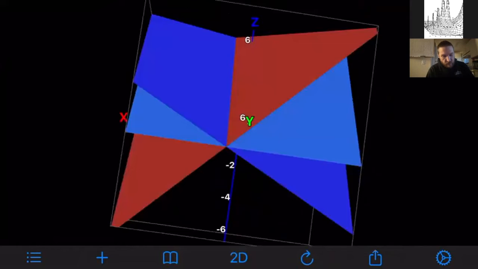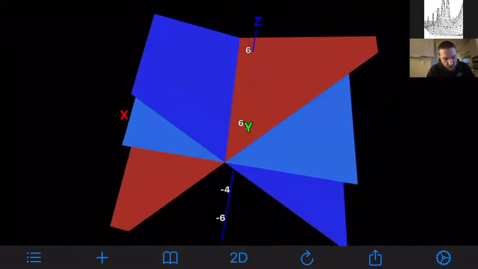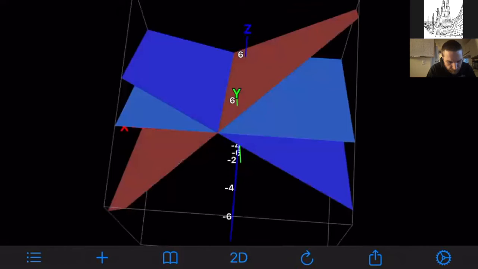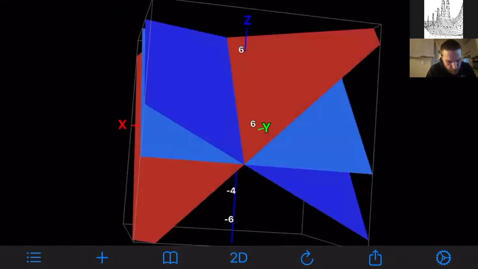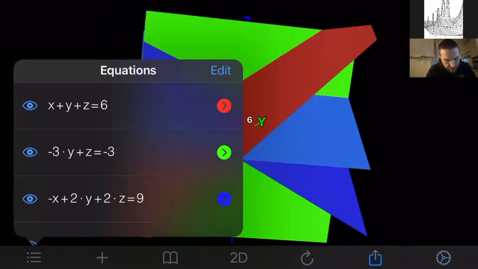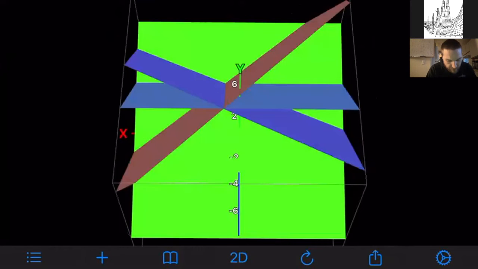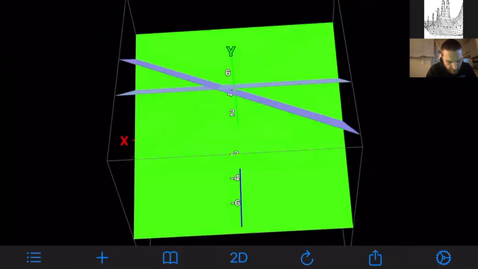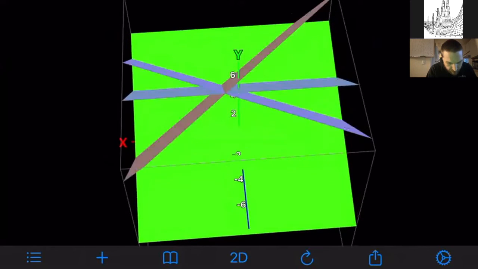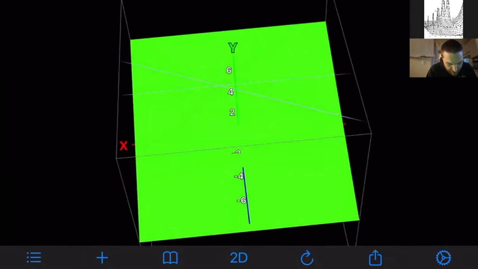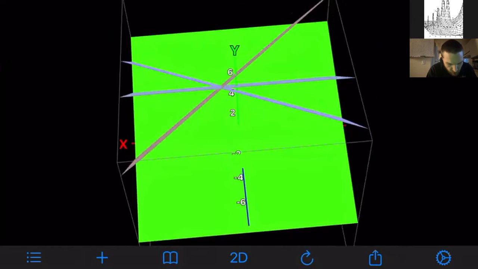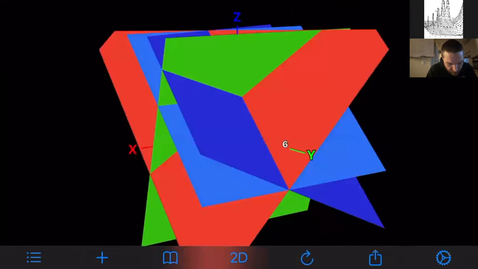The intersection of those two planes, the new plane goes through exactly the same line. The new line that we get will be in the same place.